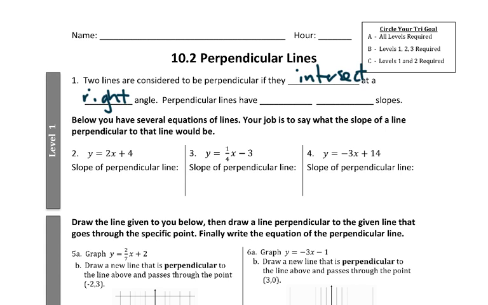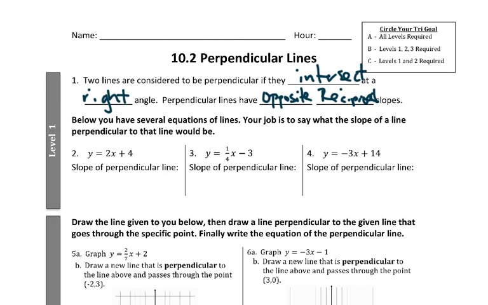Perpendicular lines have opposite reciprocal slopes. Sorry, that's hard to read. Reciprocal is spelled R-E-C-I-P-R-O-C-A-L.